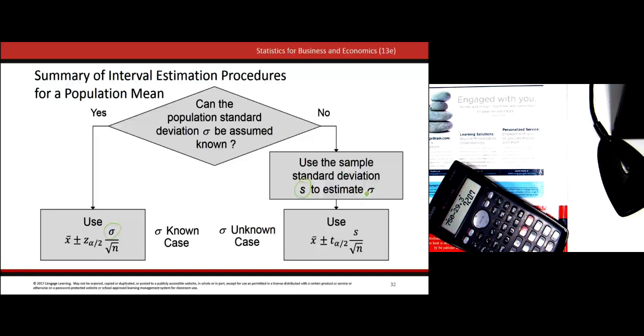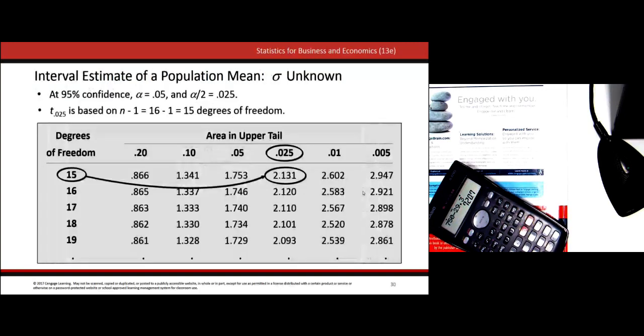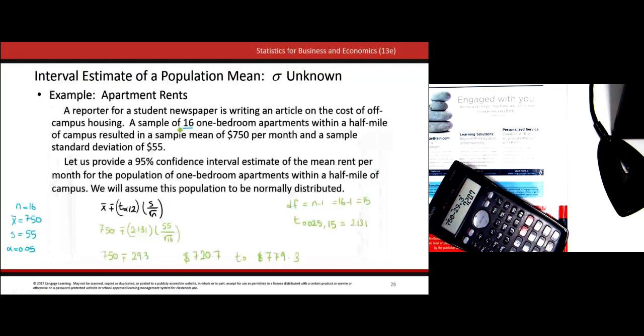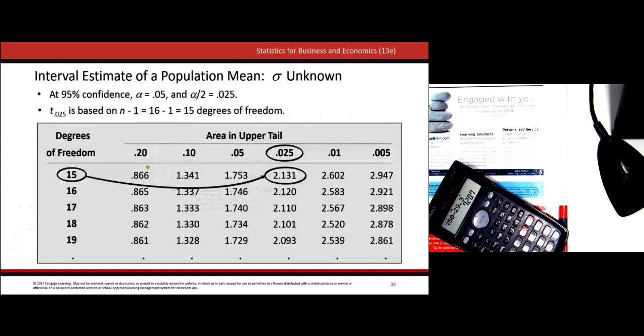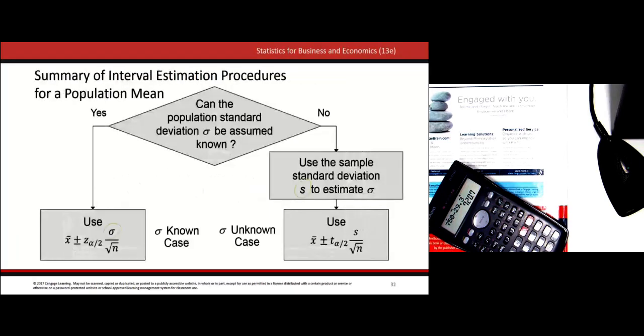Like in this case, it says a sample of 16 one-bedroom apartments resulted in a sample mean and sample standard deviation. This means sigma is unknown. So in that case, we use the sample standard deviation to estimate sigma, and now we use a t-distribution.